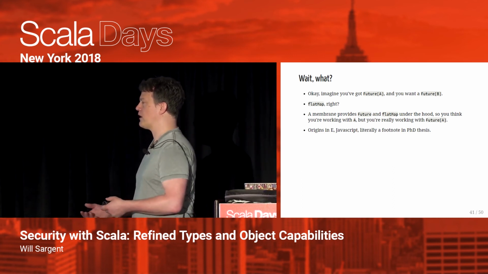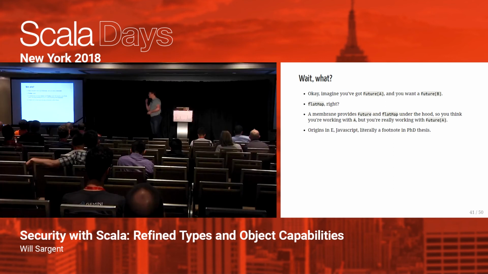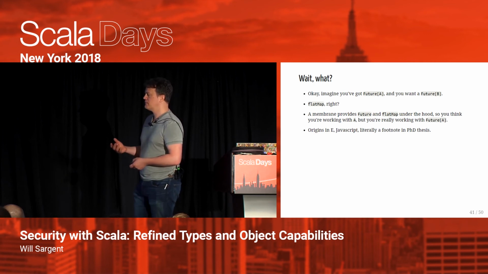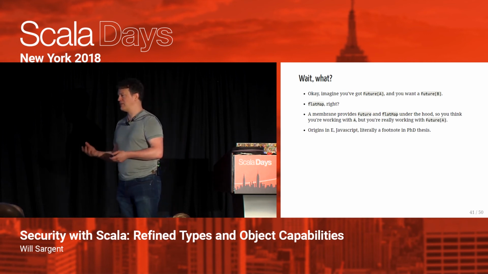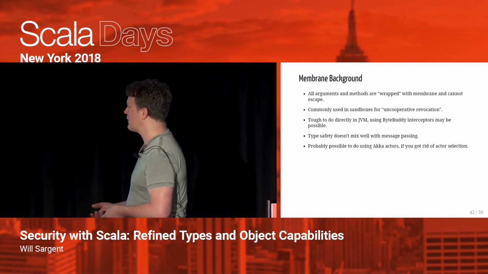So every time you think you're working with the raw objects, you're actually working through this thing. And it's not precisely that, because it is actually based on message passing and dynamic languages, so it's not necessarily something that's easy to work into the JVM.